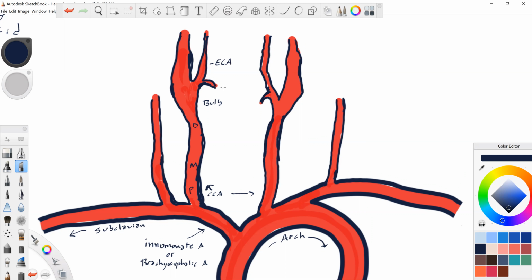The first artery that comes off, you should know, is the superior thyroid artery. And then, of course, we have the ICA, and that's prox, mid, and hopefully we'll get up to here for distal.